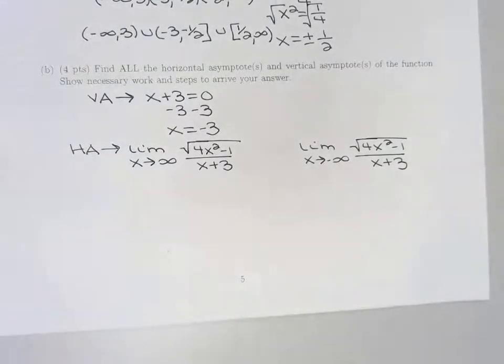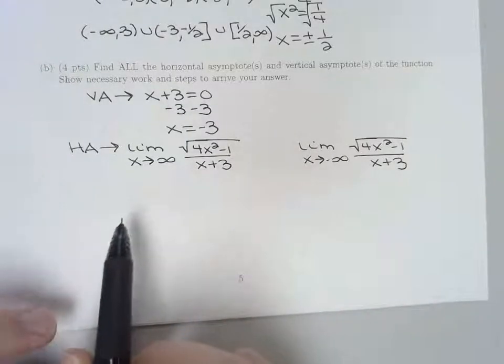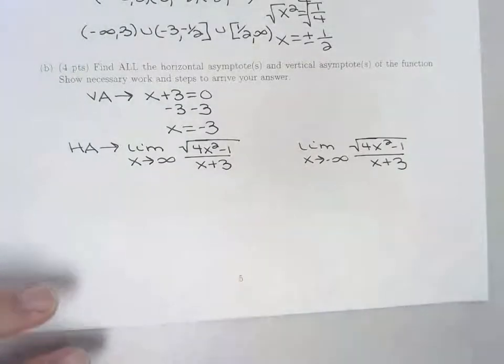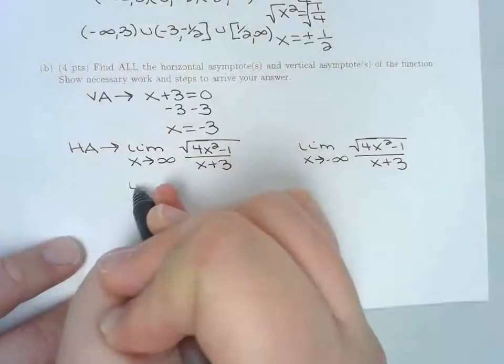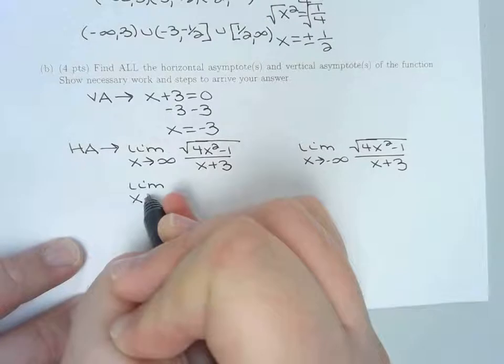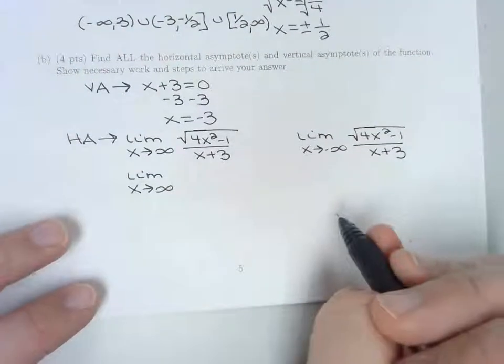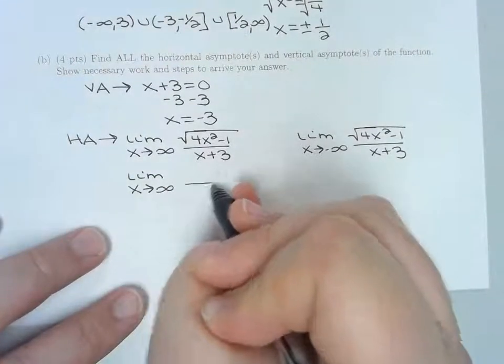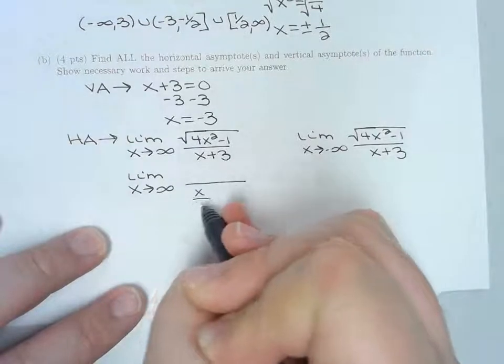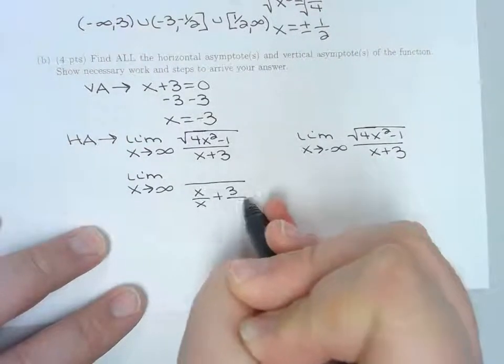Anytime I'm trying to take a limit of a rational function, plug it in. But this one's going to be hard to think about because I have that minus, and the square root makes it weird. Divide by the highest exponent in the denominator. We use the shortcut where a constant over x to any power is 0. So this is going to be x over x plus 3 over x.